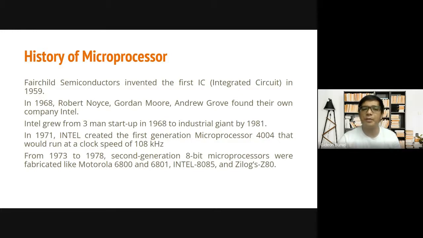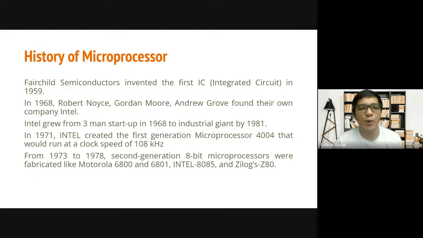Intel grew from a 3-man startup in 1968. Imagine, there were only three people starting Intel to industrial giant by 1981. So it took them around 13 years before they became an industrial giant. So if you have plans ahead, you still have time to create your company.